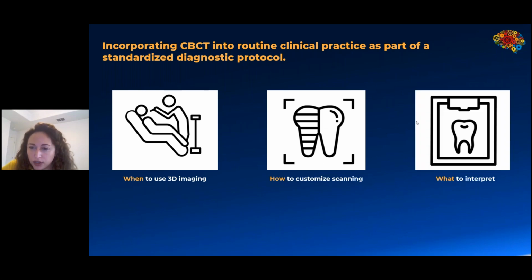What should I look for on that CBCT scan? How do I create my own systematic interpretation method? I think addressing these three parts will make sure that you are truly and effectively using 3D imaging and not just using it as you go.